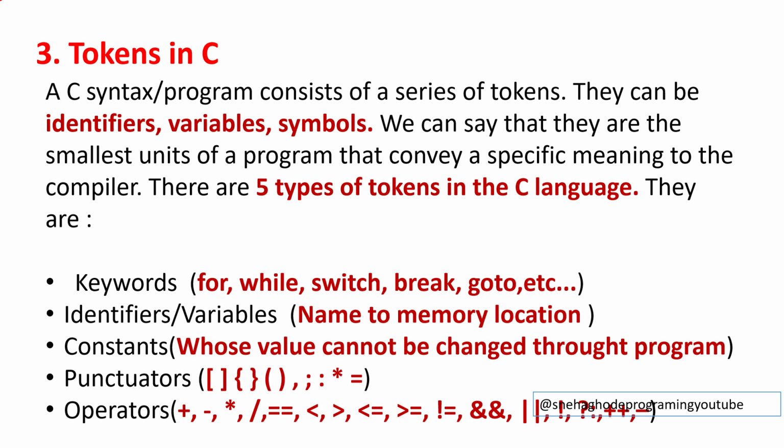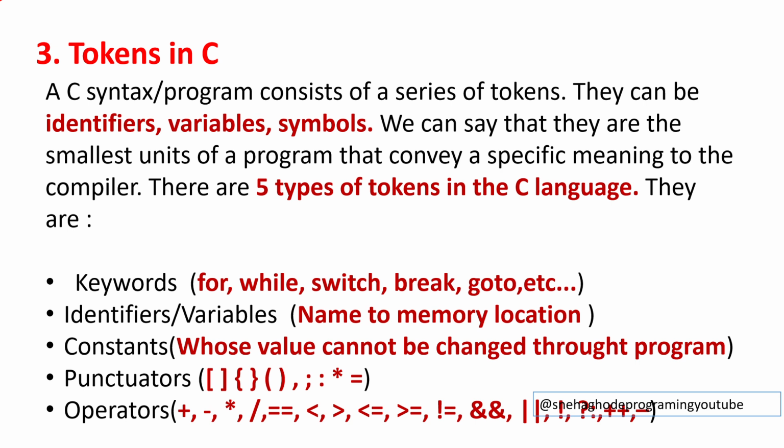Then identifiers or variables. Identifiers and variables are nothing but the name given to a particular memory location where we are going to store a value. Then constants: constants are those whose value cannot be changed throughout the program. The next is punctuations: curly brackets, simple brackets, square brackets, semicolon, colon, multiplication that is star mark, equal to, right?